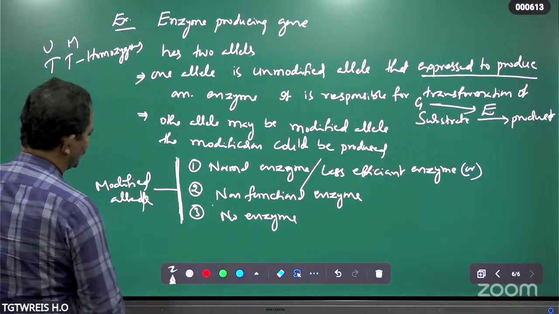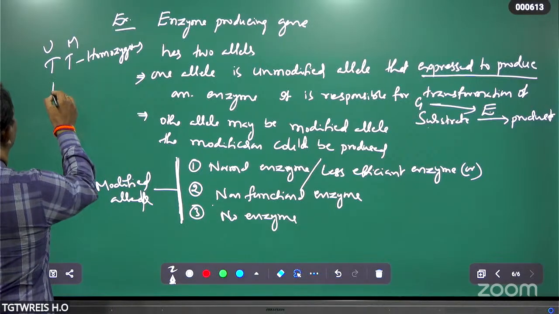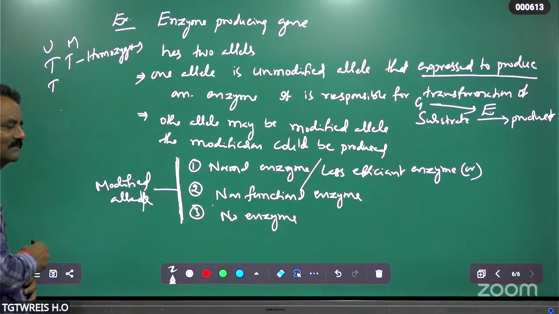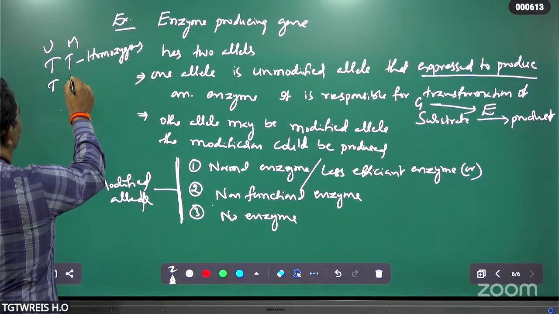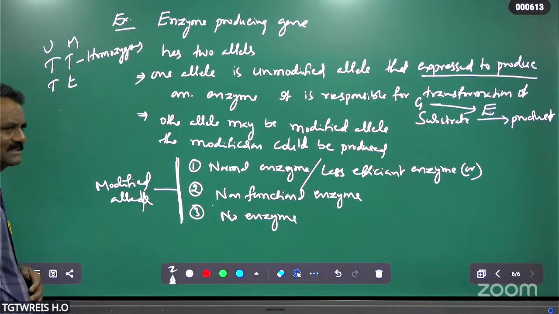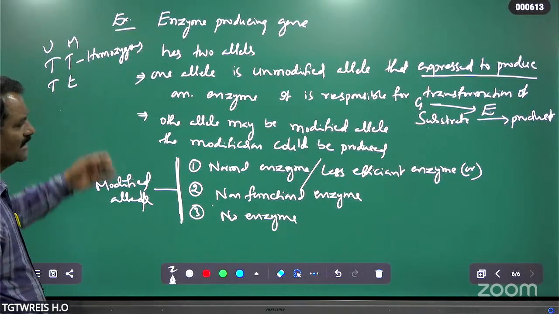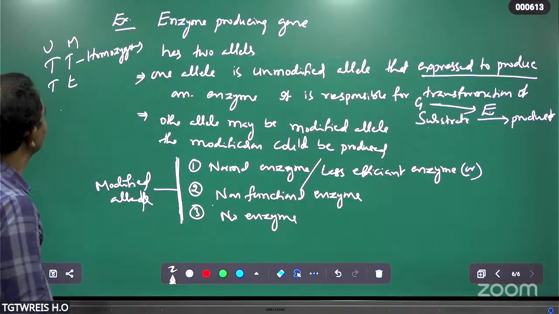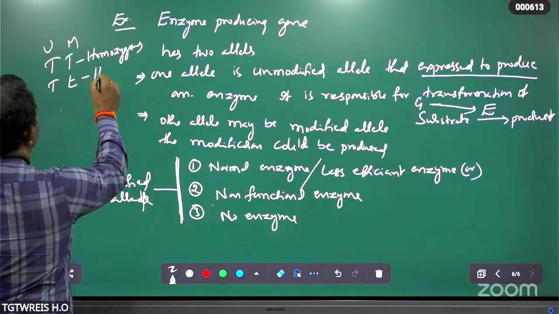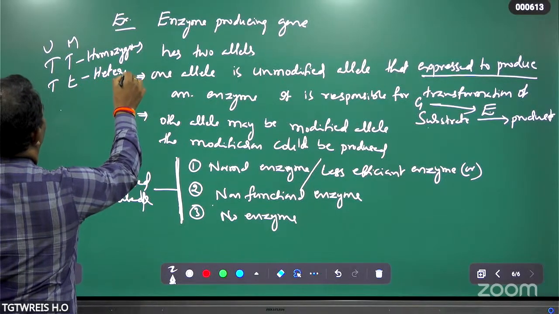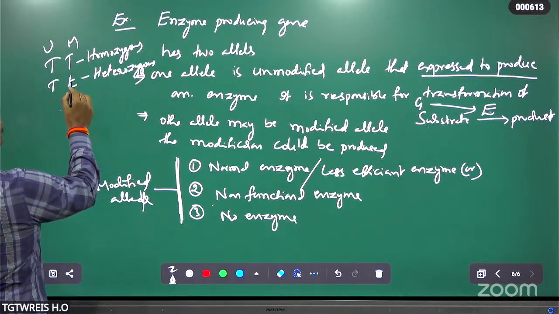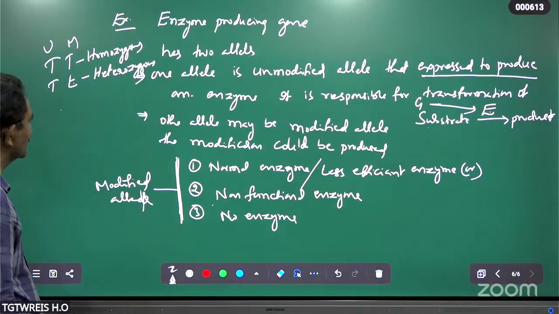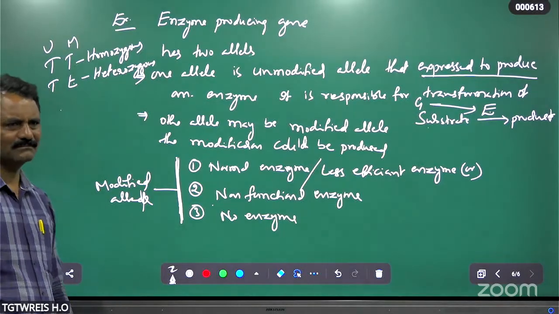And second condition, non-functional enzyme. Here unmodified allele is there, but the second allele produces non-functional enzyme, like capital T, small t, for example. Here heterozygous condition is there. It is the modified allele that is not able to generate enzyme.